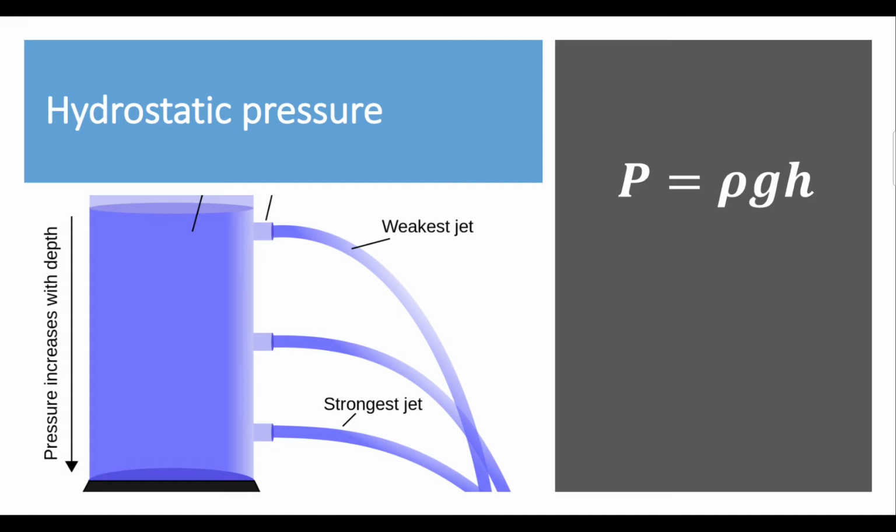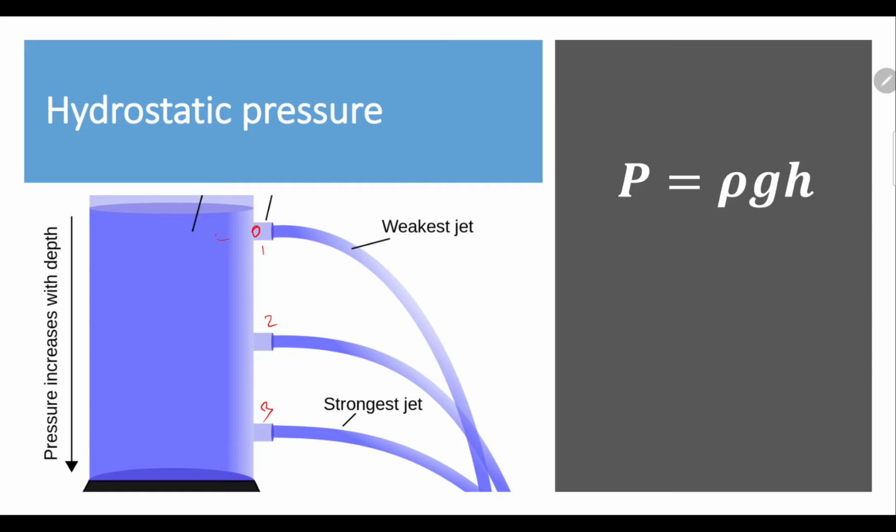So this is a very common experiment that most of the people would have done in your school, in your GCSE, A levels, even in your class 5, 6, 7. You have a tank, and there are three holes made in the tank, and water just jets out of these three holes.